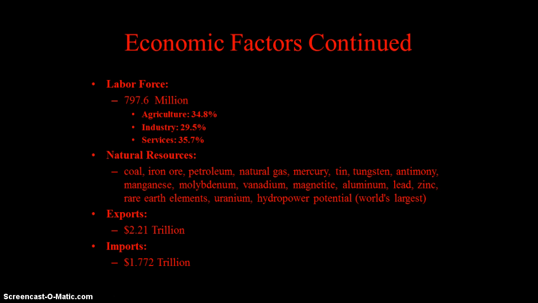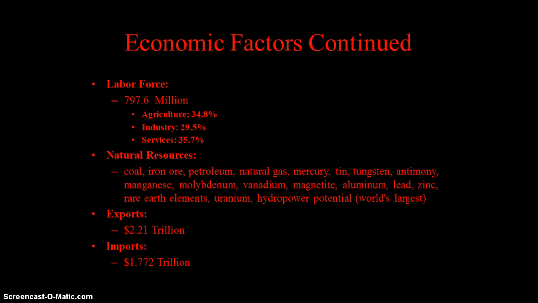Some economic factors continued. China's labor force has 797.6 million people in it. Just a brief breakdown of where those roughly 800 million people are: roughly 35% in agriculture, 30% in industry, and 36% in services. Some of the industries that China participates in: they're the world leader in gross value of industrial output, mining and ore processing, iron, steel, aluminum, and other materials.